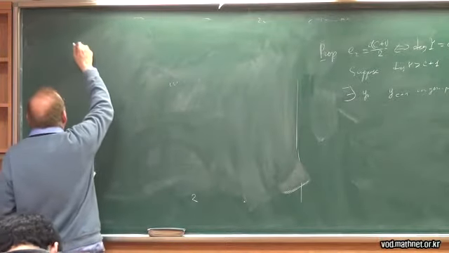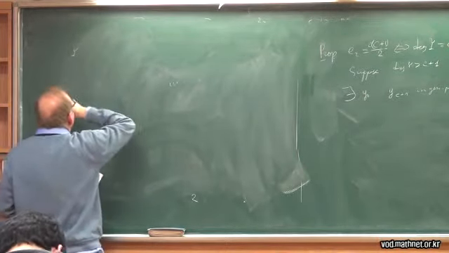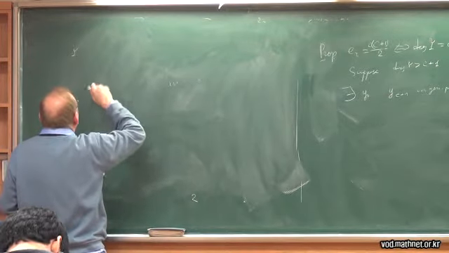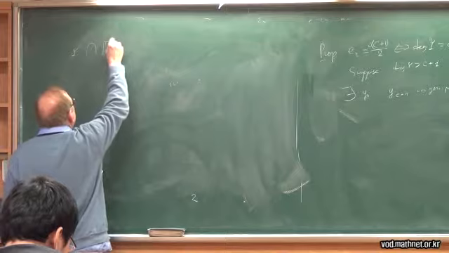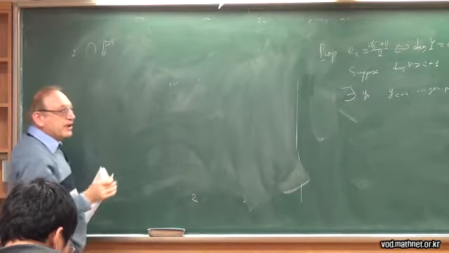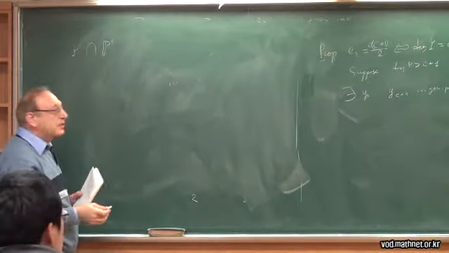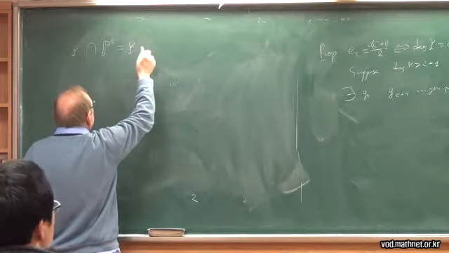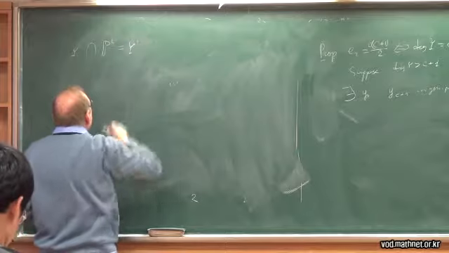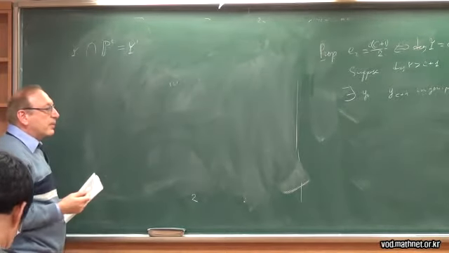So we have some variety y, and we intersect it with the general linear space whose dimension is equal to its codimension, and we get a variety, which I also can denote by y prime, consisting of finitely many points.